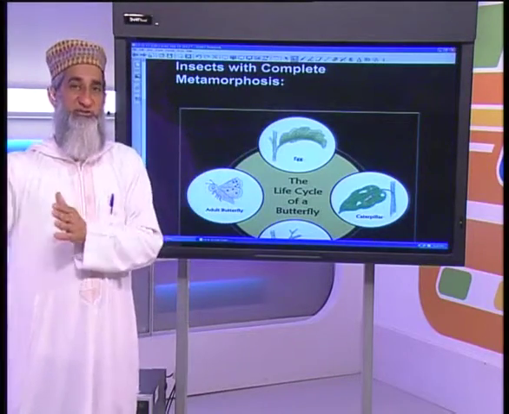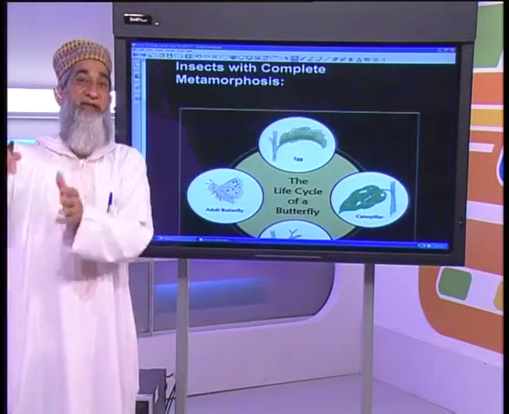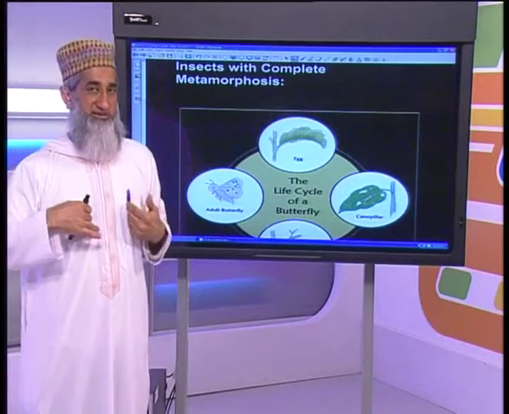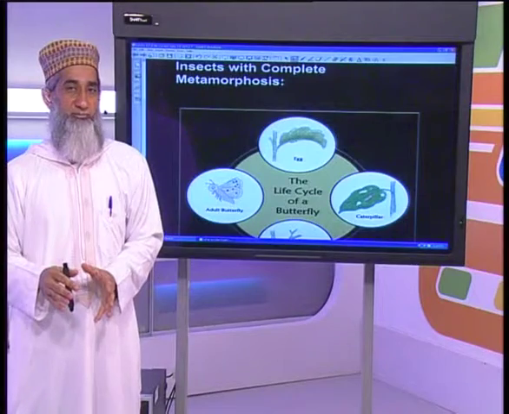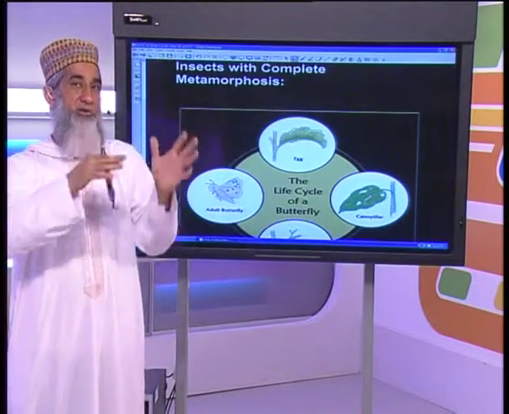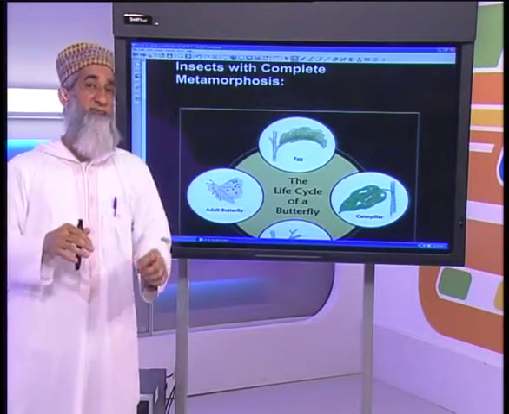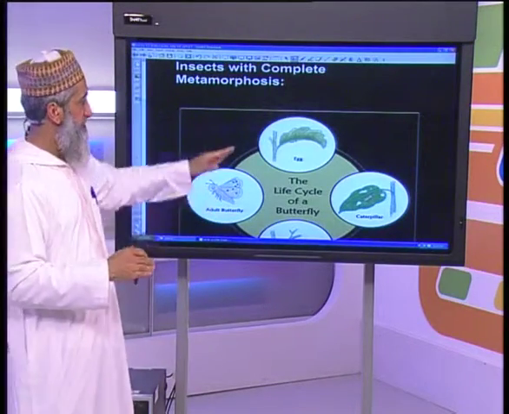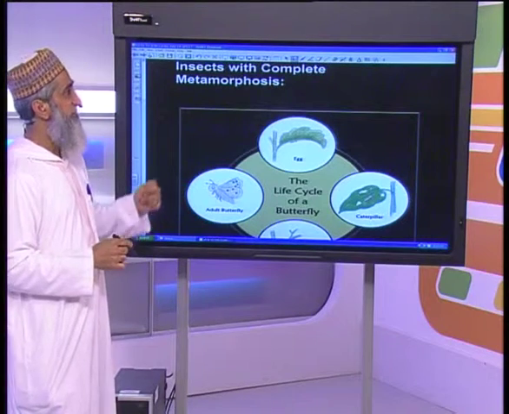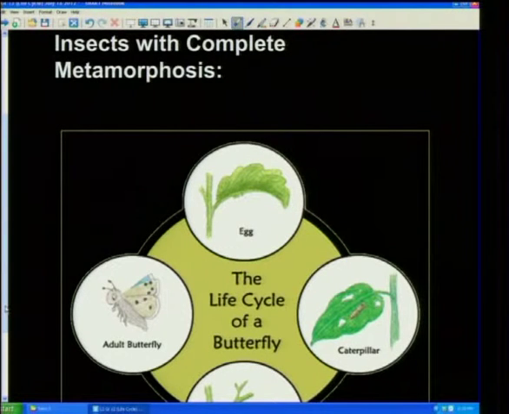Only growth takes place. We do not become something else, and then become where we are as adults. We are born alive, first of all. We're viviparous, and we'll talk more about vivipary and ovipary when we talk about reproductive strategies later. But now we're looking at this metamorphosis, and we talk about complete metamorphosis.